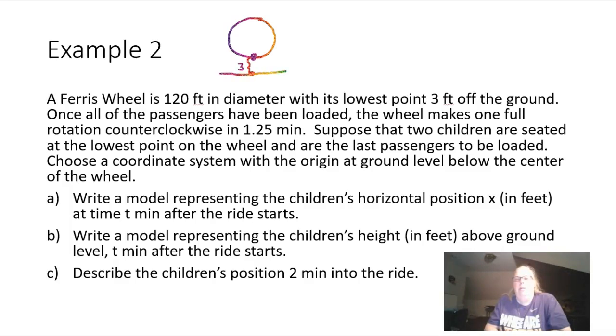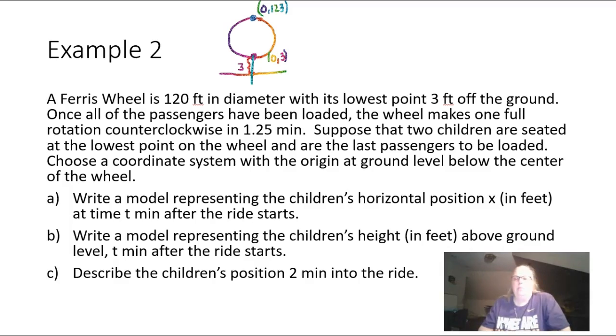And if we draw in our XY axis right here, then the children are going to be seated at x equals 0 and y equals 3 at the lowest point on the wheel. And when they travel to the highest point on the wheel, they are going to be at (0, 123), because the Ferris wheel has a diameter of 120 plus that extra 3 feet that they are off the ground there.